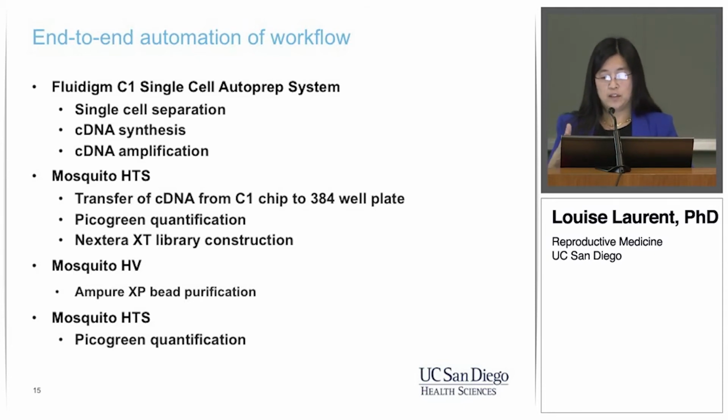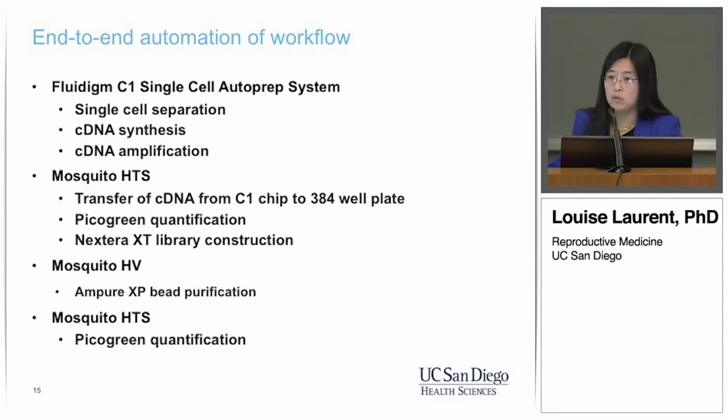We were able to transfer the cDNA from the C1 chip to a 384 well plate. We performed picogreen quantification and normalization. The normalization we did not do on the mosquito because the tips, all 8 or 16 tips go down and do the same volume, so it does not do cherry picking. So we did cherry picking ourselves. Picogreen quantification, normalization, as I said, and then the Nextera library construction was done on the HTS.